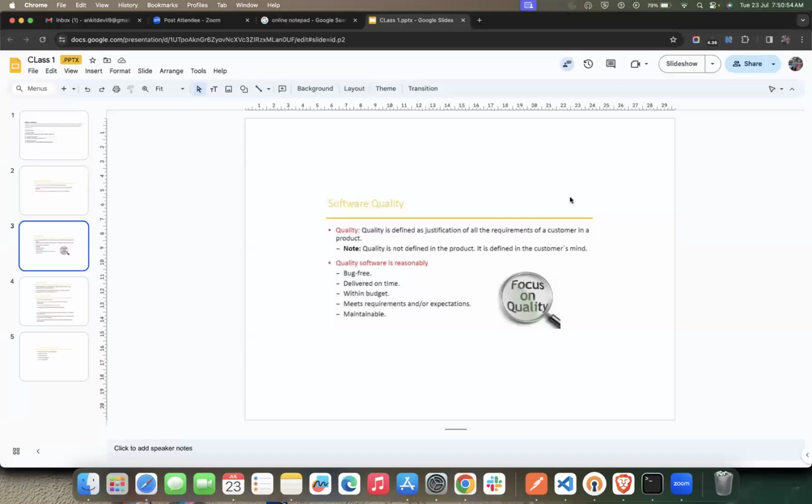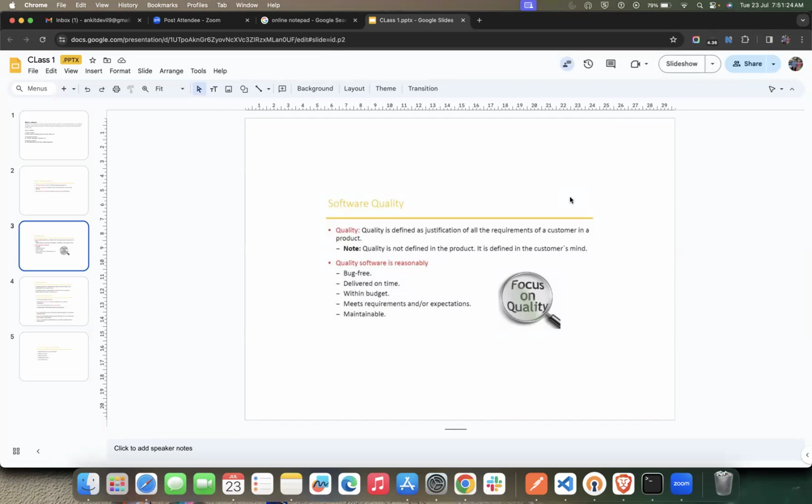Okay, next point: meets requirement or expectation. As I mentioned earlier, the client and the organization mutually agree upon certain behaviors and expectations. Like I want a software to create a website, and if I enter any email address, it sends me a confirmation mail. That can be one requirement.